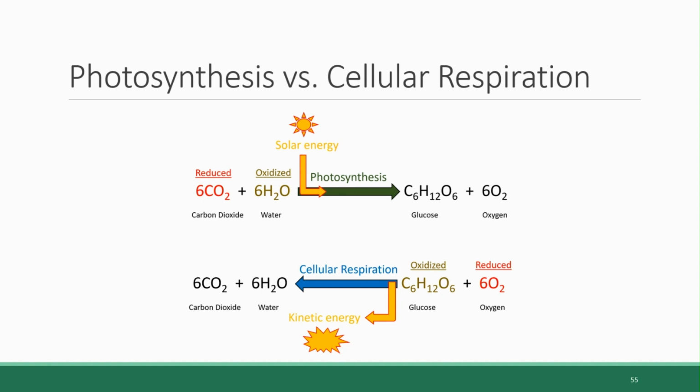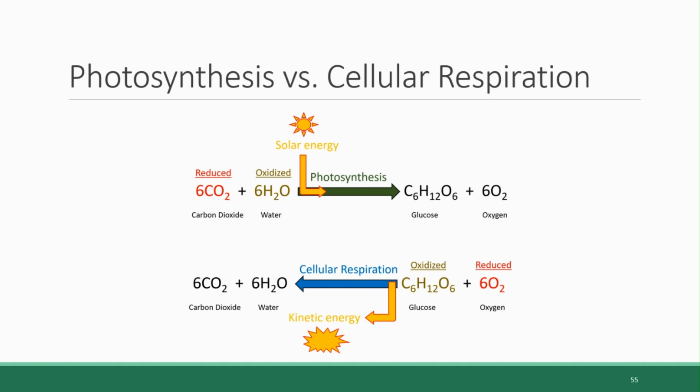So in this diagram, the inputs of the process are seen on the right and the outputs are on the left. Cellular respiration oxidizes glucose, meaning that it extracts its electrons and transfers them to molecules of oxygen gas. Oxygen gas is absorbed from the atmosphere, and for animals like ourselves, this is done every time we take a breath.